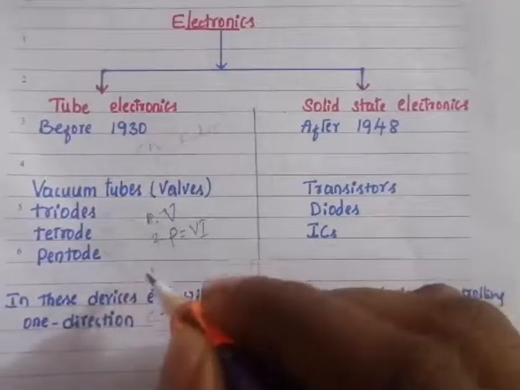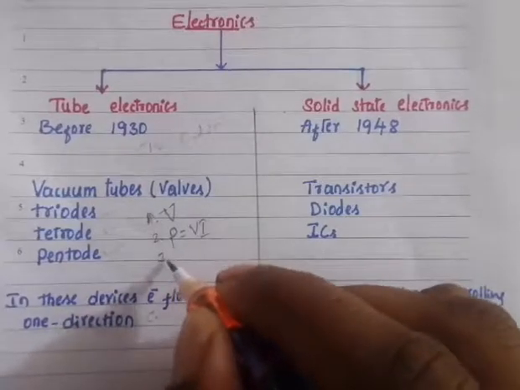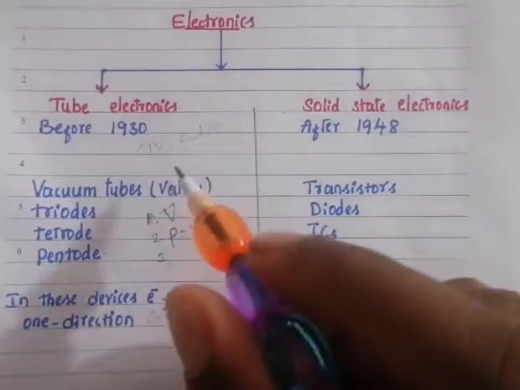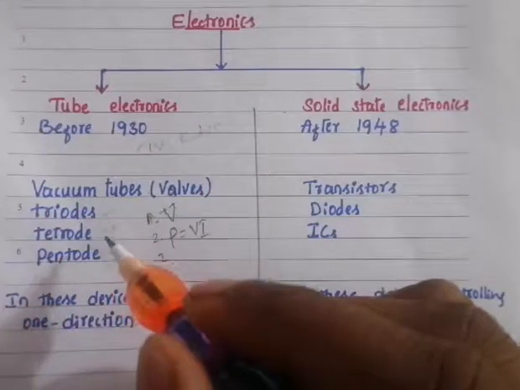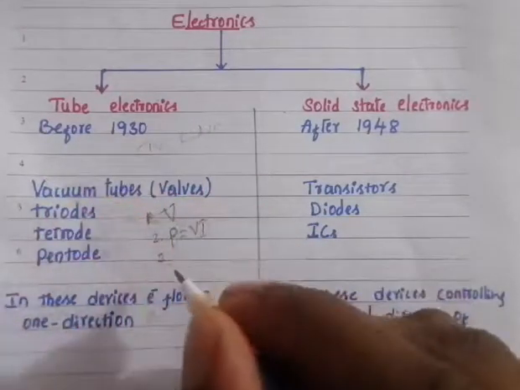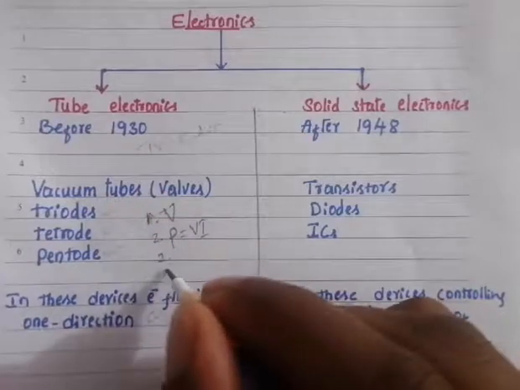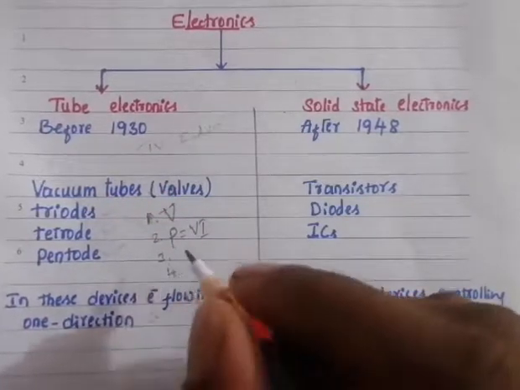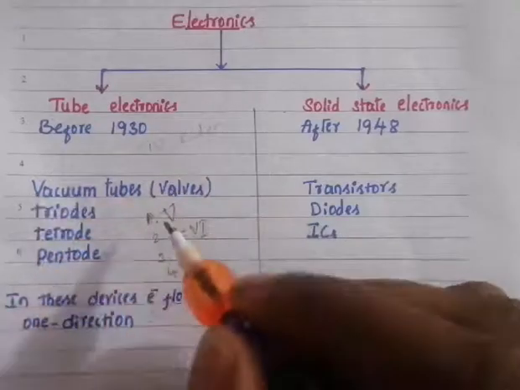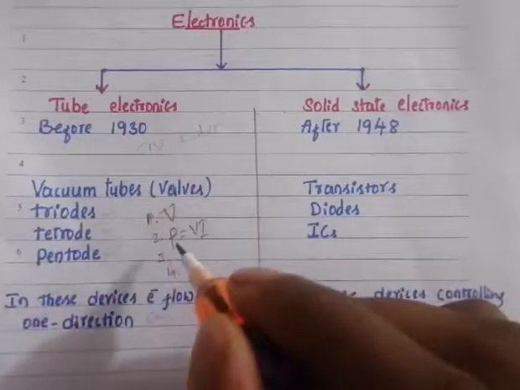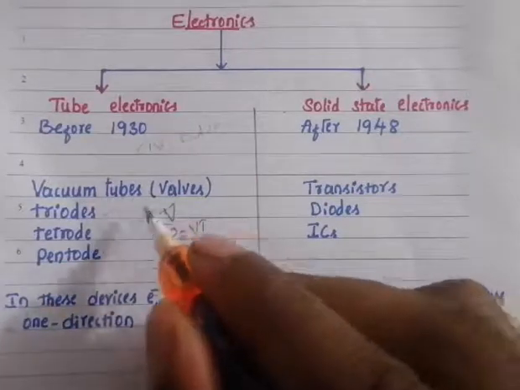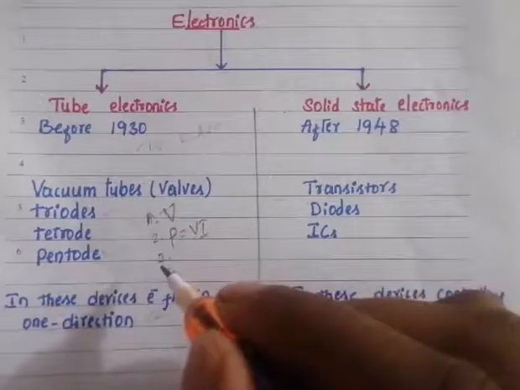Third limitation is that these devices are bulky in size, so they require large space. Fourth, these devices have a short lifetime. So these are the demerits of these devices.